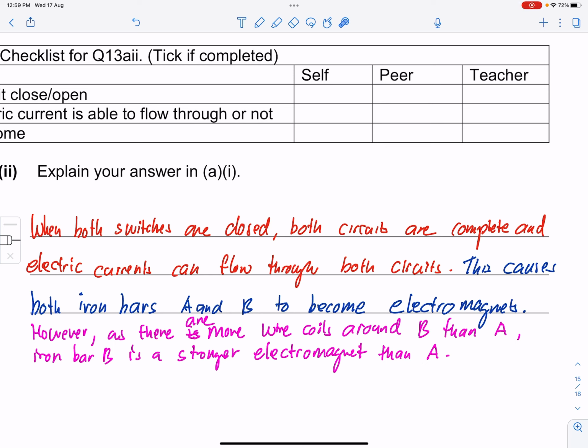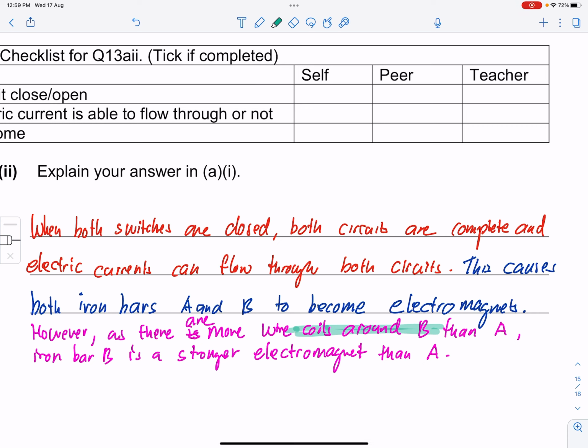So if you are talking about batteries, you have to say more batteries in circuit Q. Alright, so therefore more electric current now passes through your iron bar B, making it a stronger electromagnet. Now also take note, this is very important, whenever you want to talk about number of coils, you must tell me where the coils are.